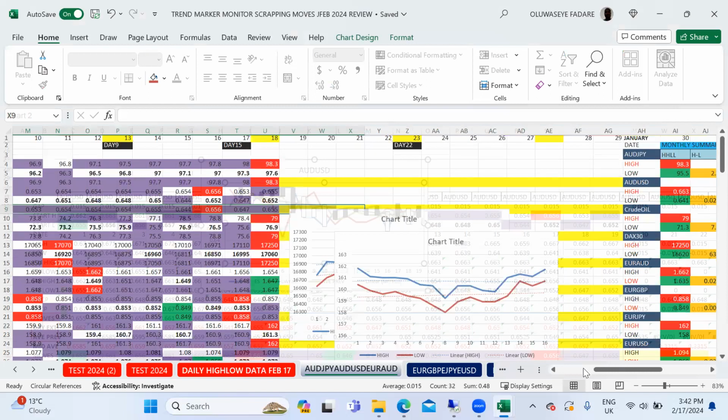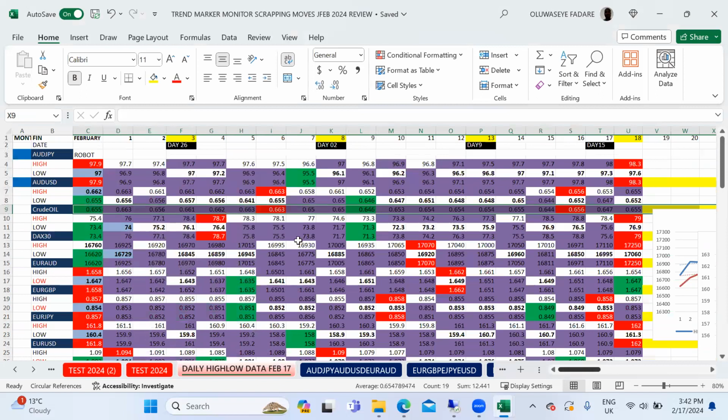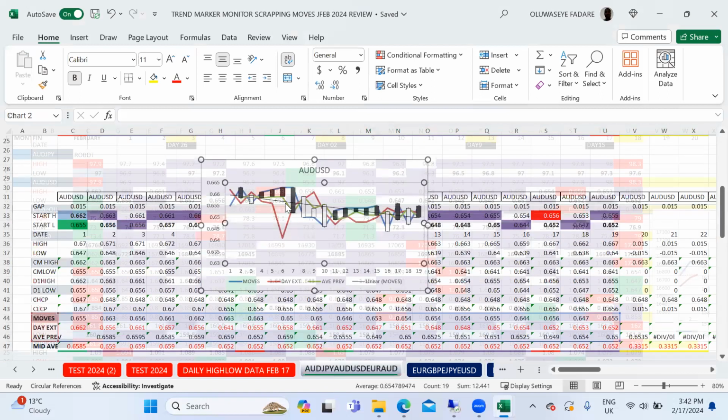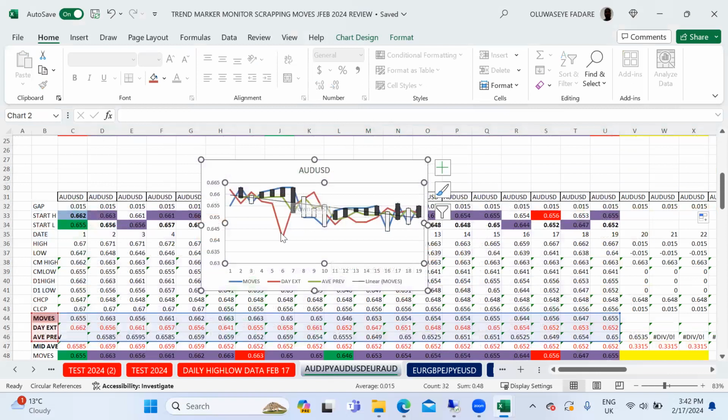Although we can't dispute it for now, because that's what we have, it looks like that spike was so much, but let's assume it's correct. So that's what we have here. It means the market came up, came down.